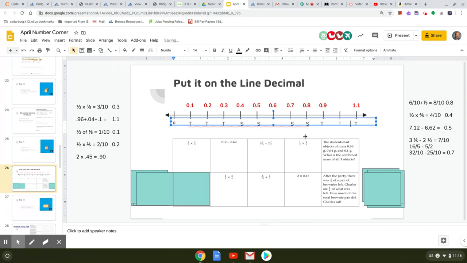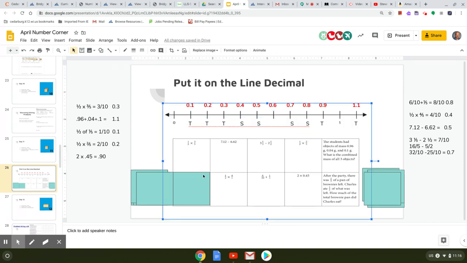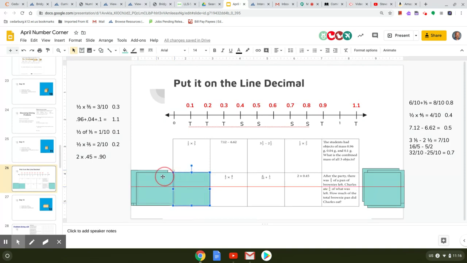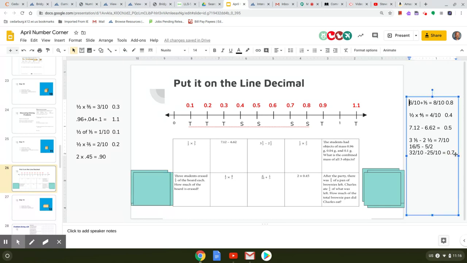Line that back up. One more card for you. Students, what are you doing? Here we go. It says 3 students erased 1/5 of a board. Okay, so how much of the board is erased? So if each student erased 1/5 of a board, well, how much of the board?